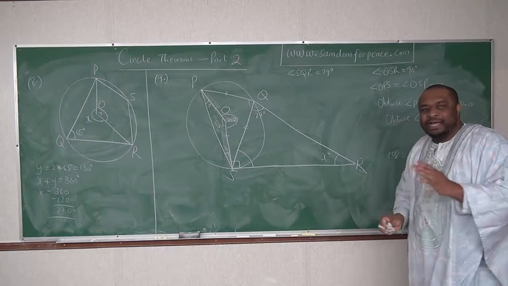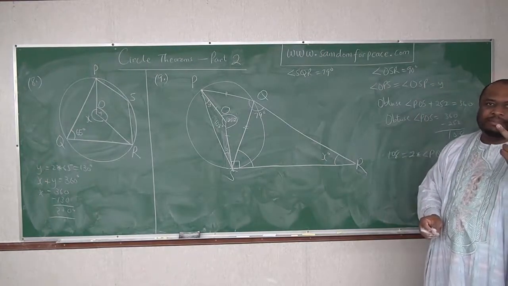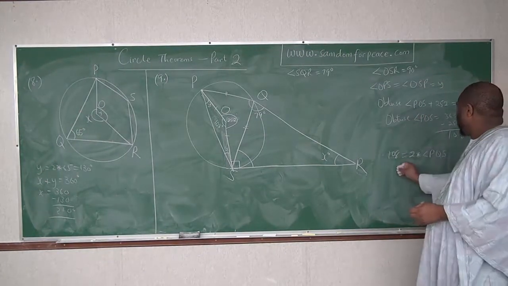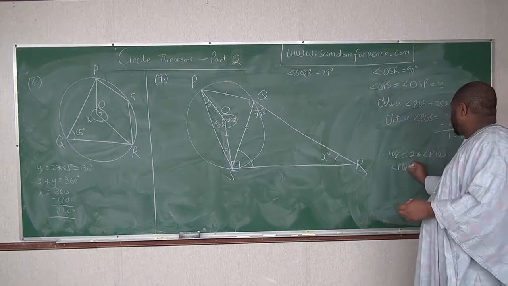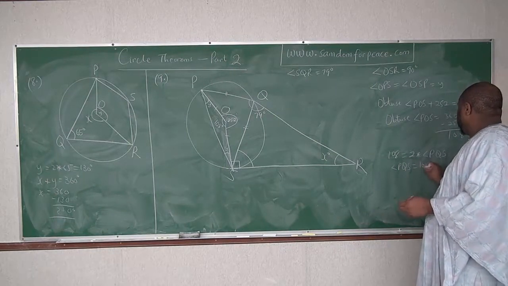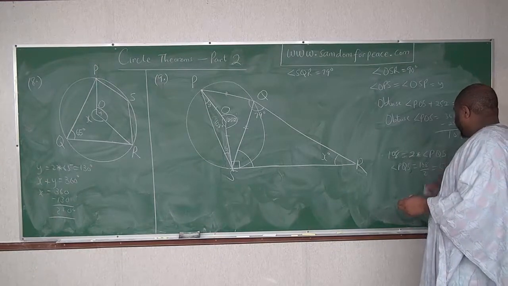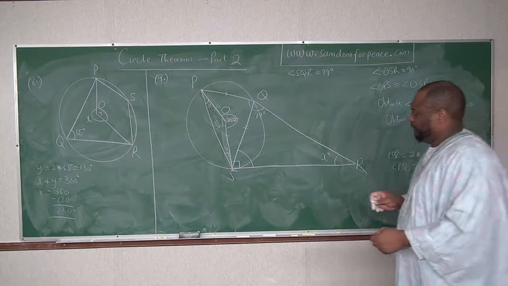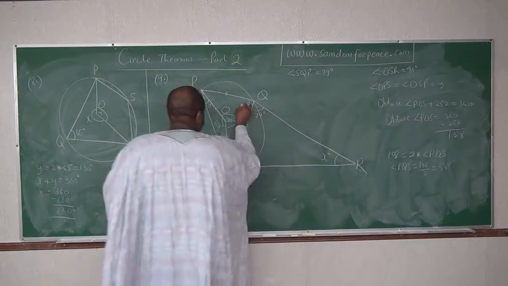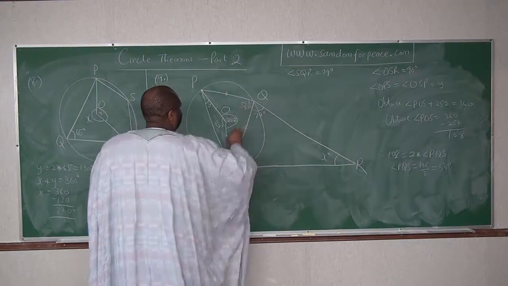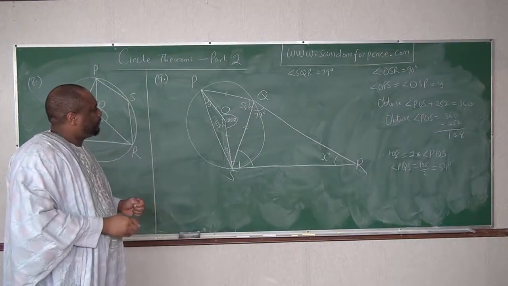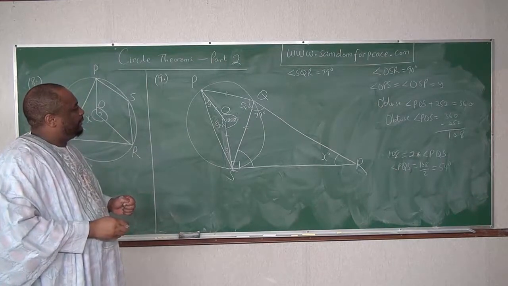Reason: angle at center is 2 times angle at circumference. So angle PQS is 108 over 2, which is 54 degrees. So this is 54 degrees.